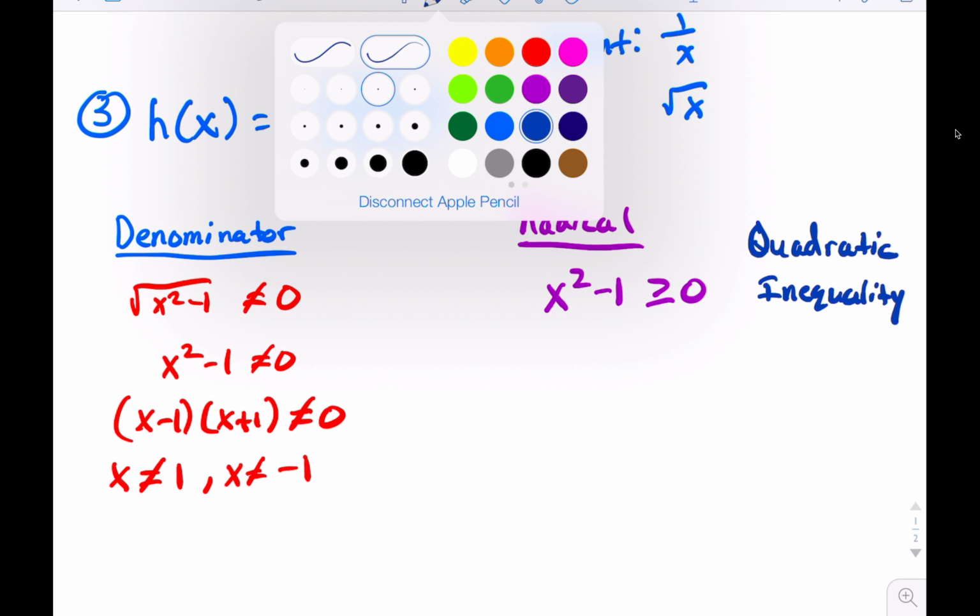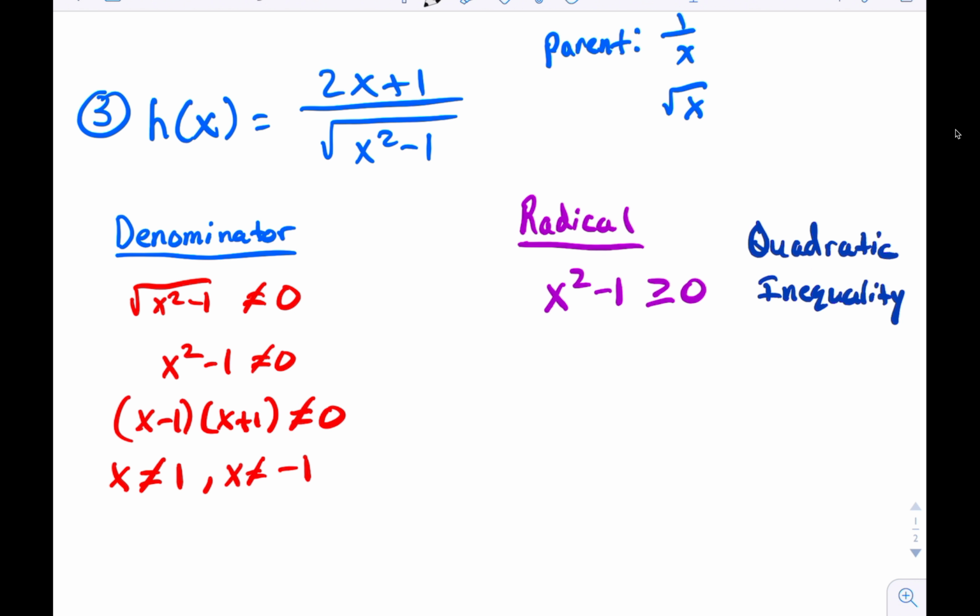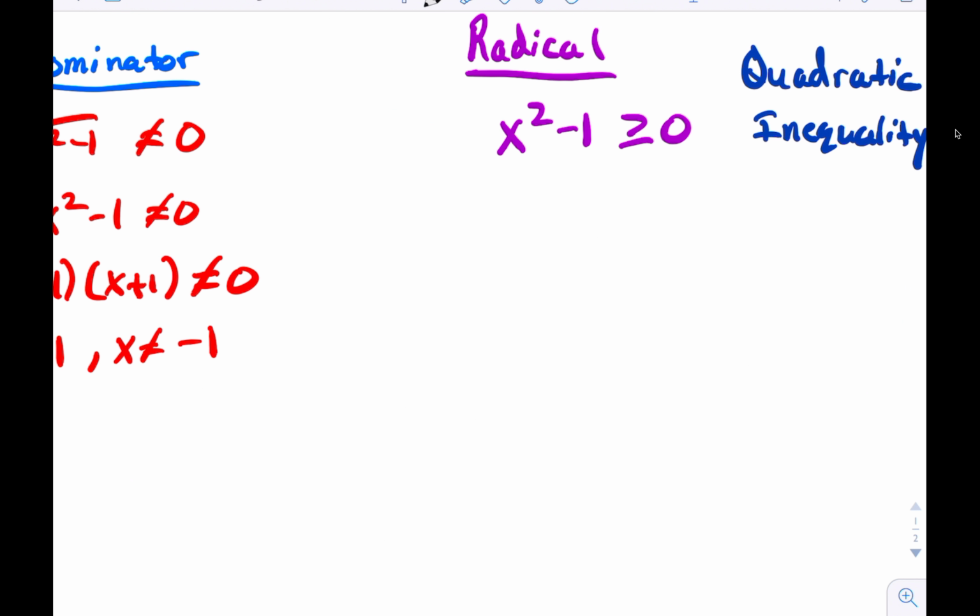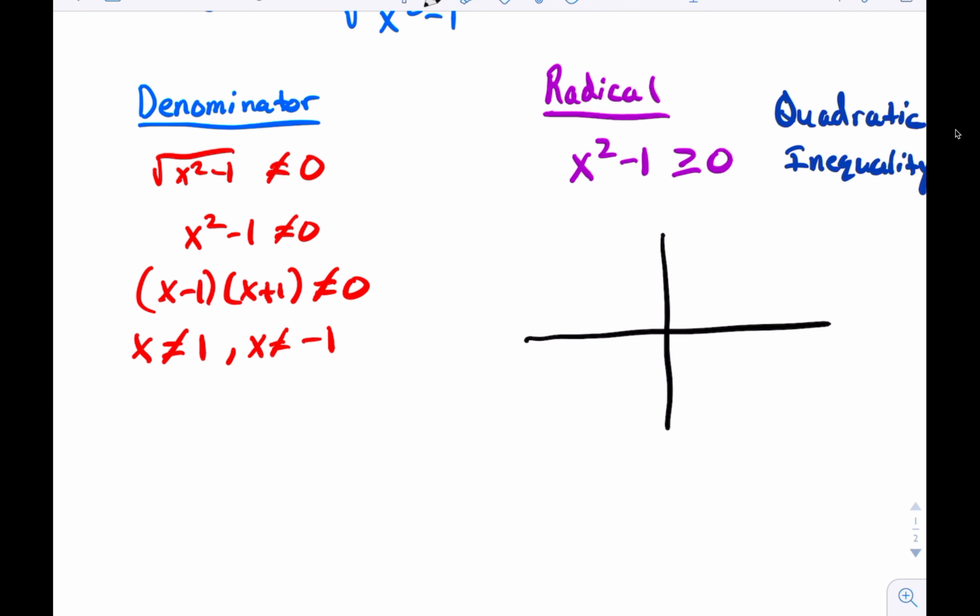So the best way that we can figure this out is we just need to graph x squared minus 1. I'm going to draw my axis here. From the first part, I figured out that I have zeros at 1 and negative 1, so I'm going to put them down on the graph.